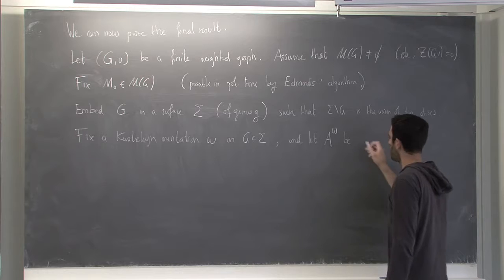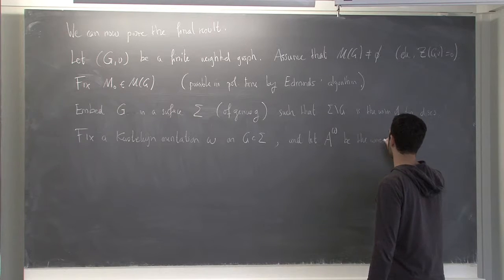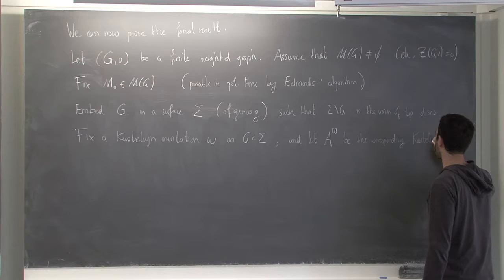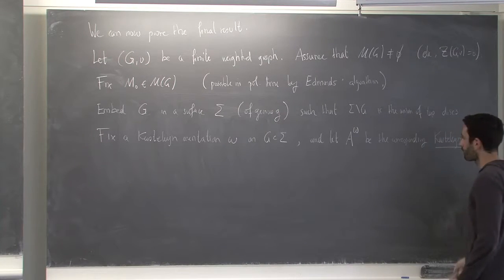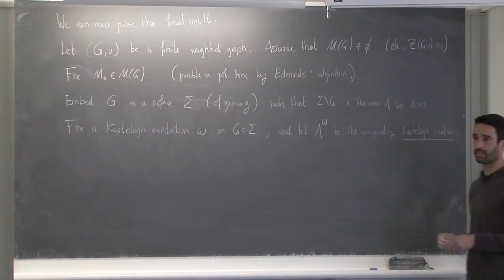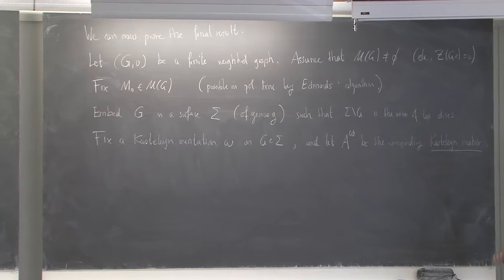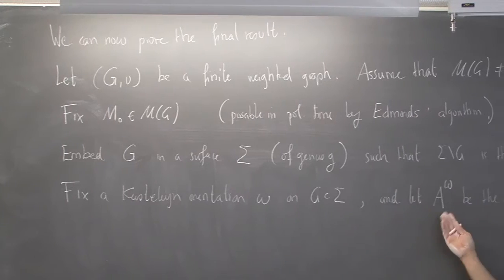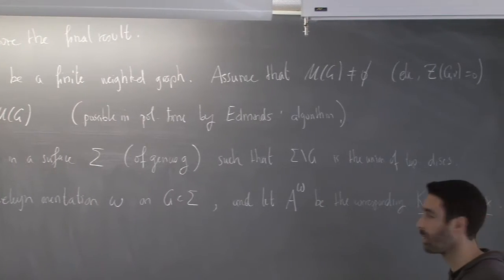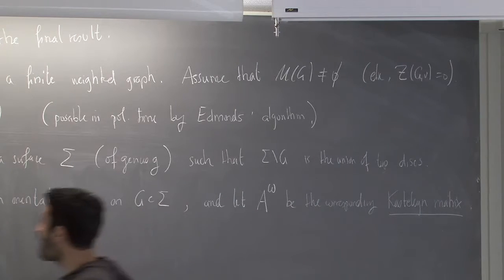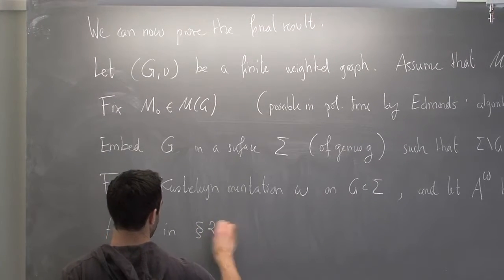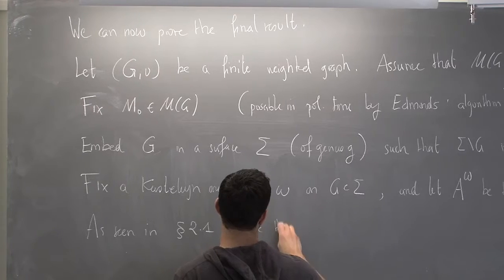Remember we had defined this when we had proven the Kasteleyn theorem. Whenever you have a weighted graph together with an orientation, then you can define a skew adjacency matrix. That's what I mean by this.